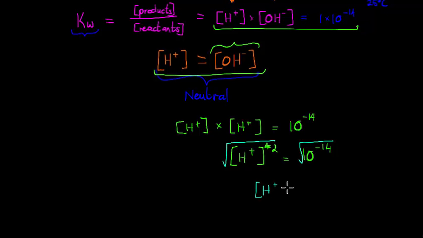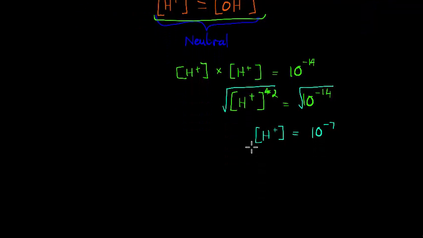Okay, so hydrogen is equal to 10 to the power of negative 7. You could have seen it, yeah. If hydrogen squared is 10 to the power of negative 14, then hydrogen itself must be 10 to the power of half of negative 14. Okay, so this is literally the concentration of hydrogen.